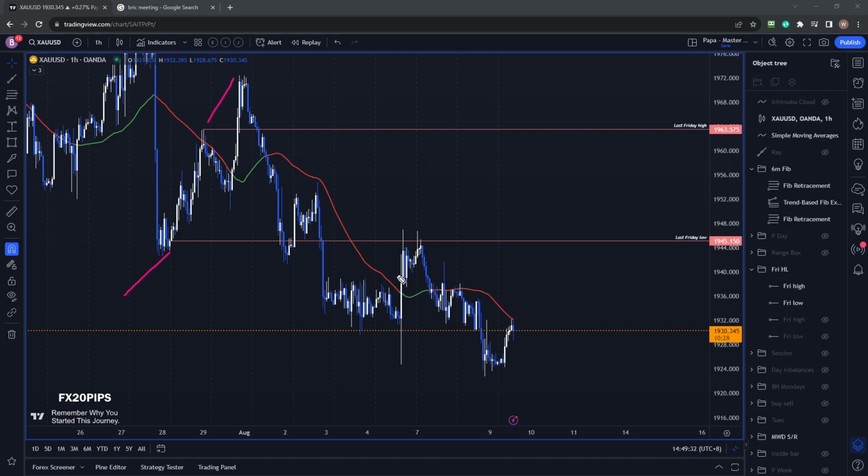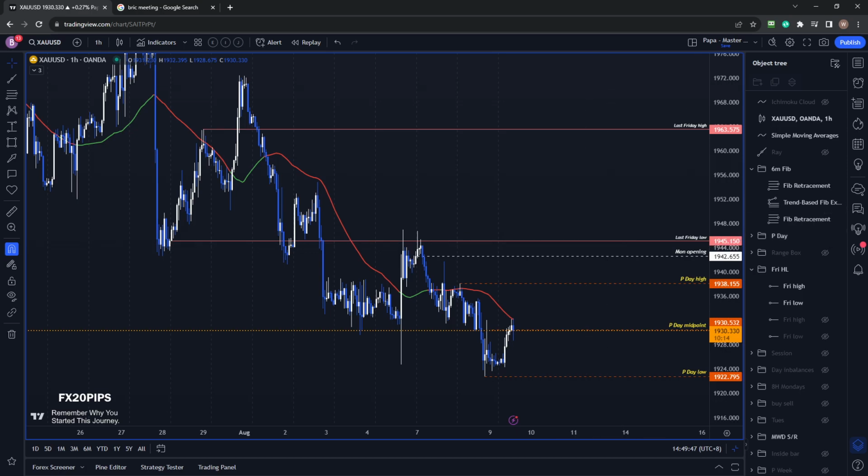All right. So what happened here is that the price got resisted around here, Friday low, and then just kept coming down. That is what I'm talking about with Monday.